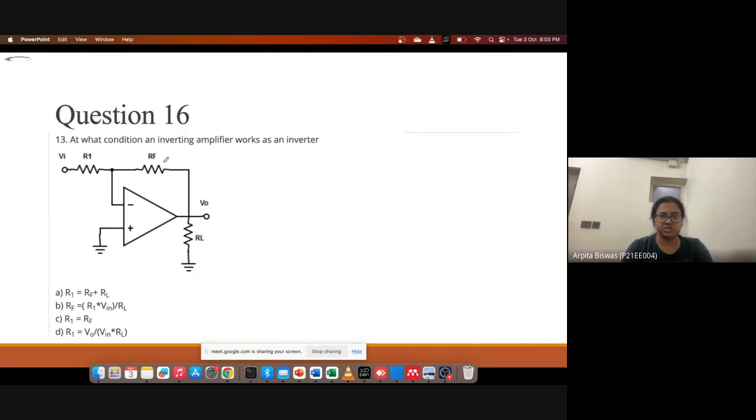So this is question number 16. At what condition does an inverting amplifier work as an inverter? The first option is R1 equal to RF plus RL. Option B is RF equal to R1 into V input by RL. Option C is R1 equal to RF. And option D is R1 equal to V output by V input into RL.